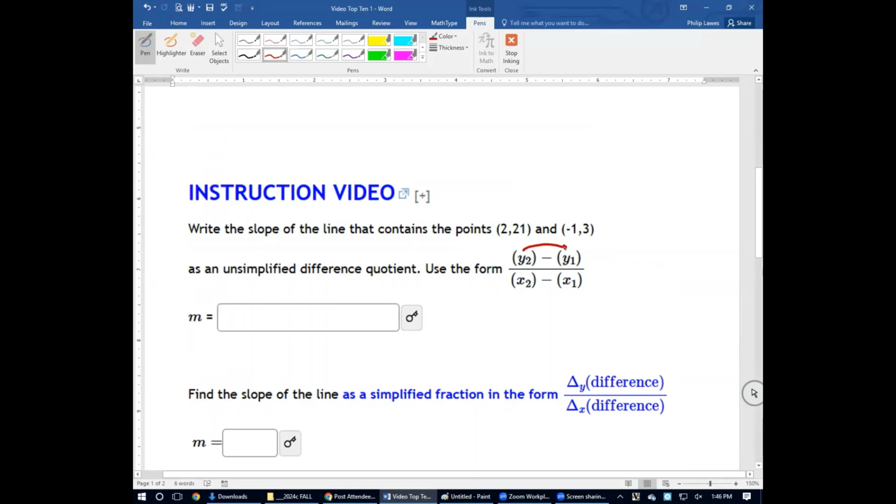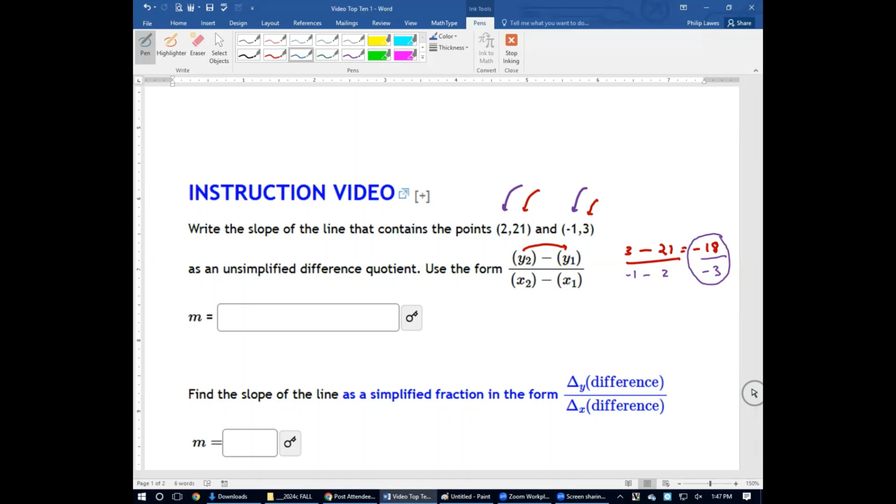So that's going to be y2 minus y1, and your calculator says negative 18, over x2 minus x1. x2 is negative 1, x1 is 2, and your calculator will say that's negative 3. And once again, I think that means you don't know if it's positive or negative. And a negative divided by a negative is indeed positive.